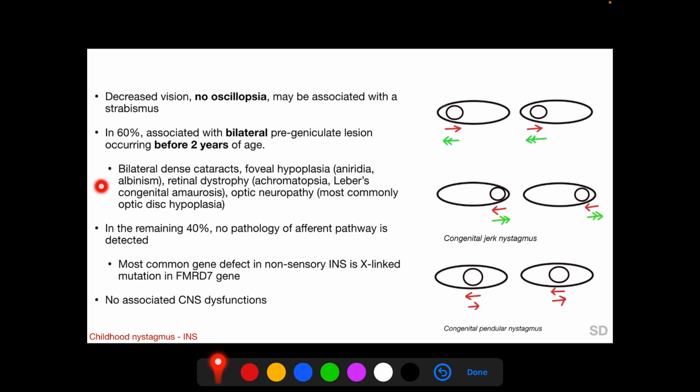So a large number of ocular pathologies can be associated with INS. In the remaining 40%, however, no pathology in the afferent pathway is detected, and in this situation we may find genetic defects, the most common being X-linked mutation in the gene FRMD7. INS has no associated CNS dysfunctions.